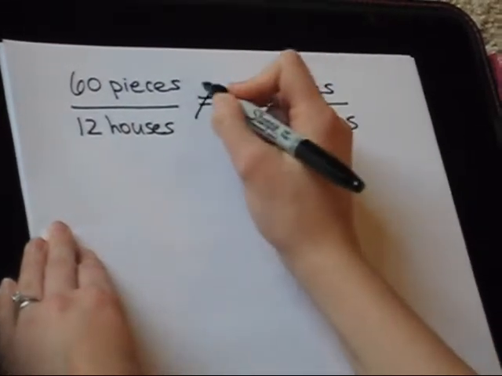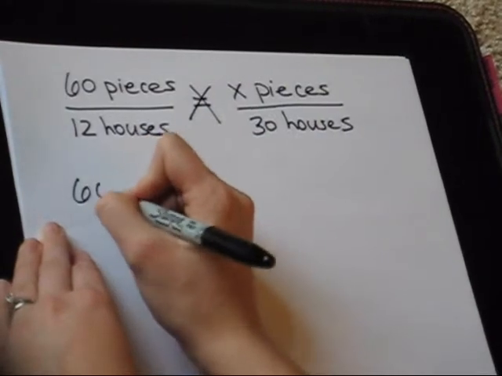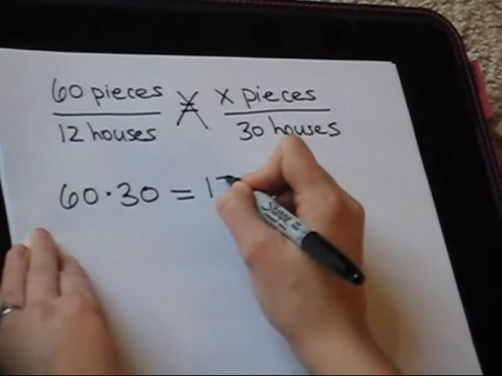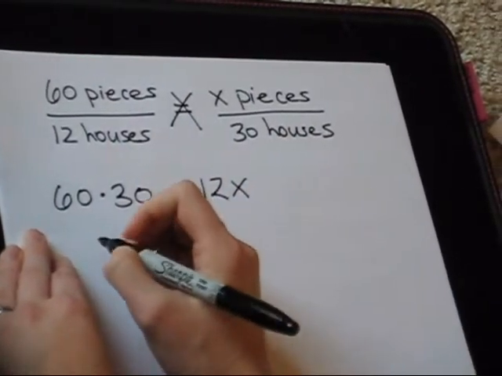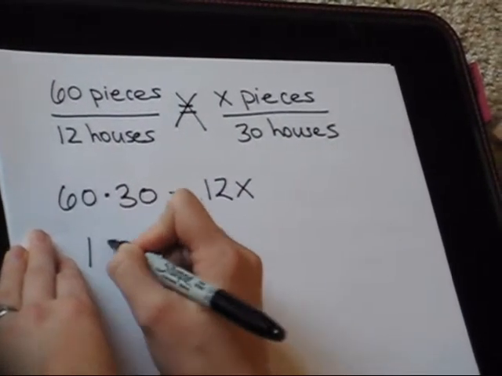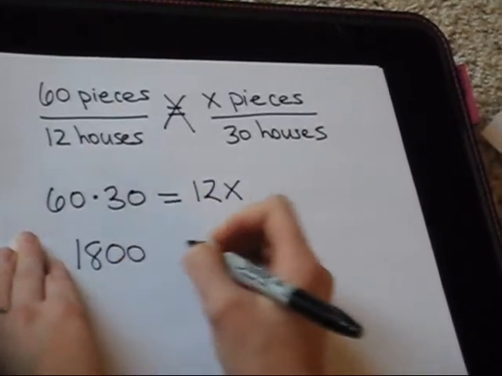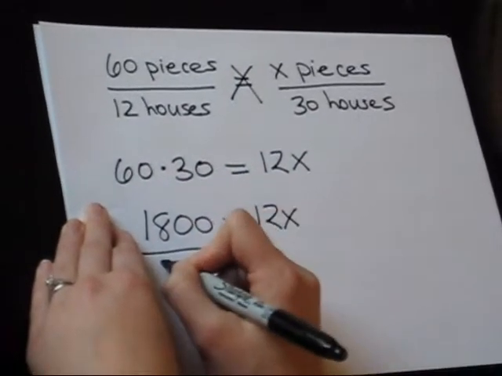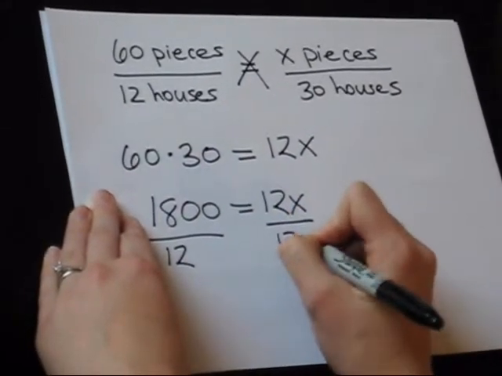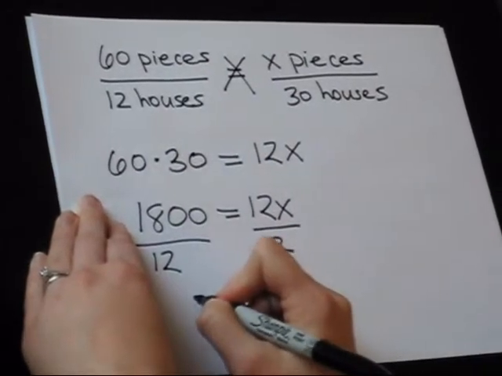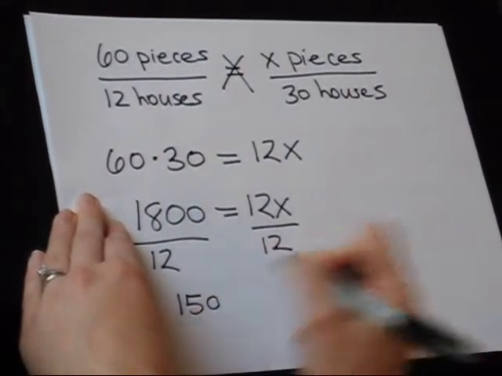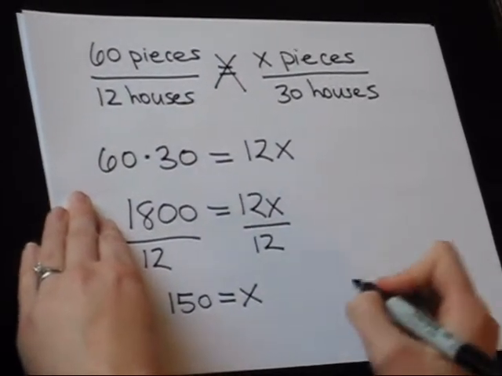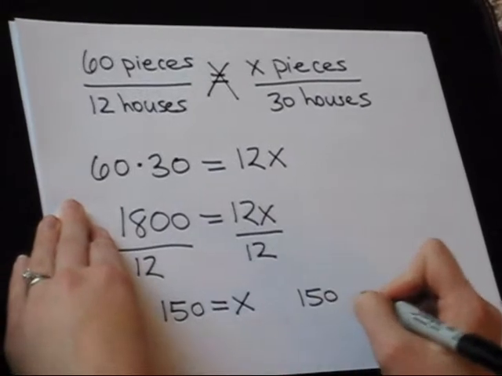So we need to cross multiply: 60 pieces of candy times 30 houses equals 12x. 60 times 30 equals 1800 equals 12x. Now we need to divide both sides by 12. That gives us 150 equals x. So now we know that there are 150 pieces of candy.